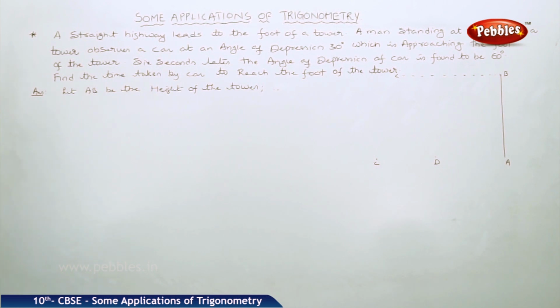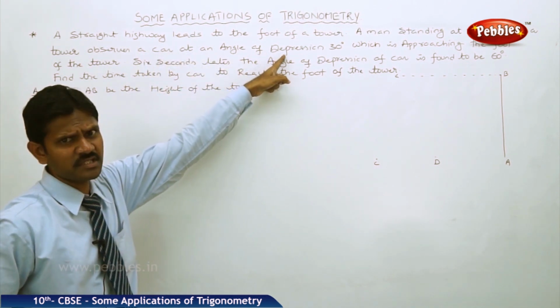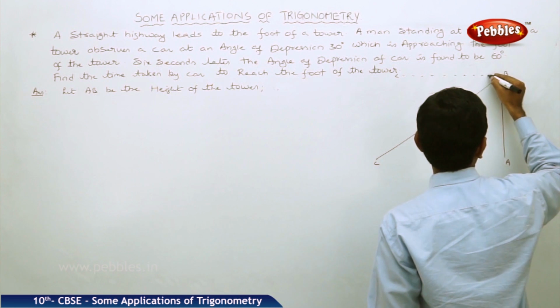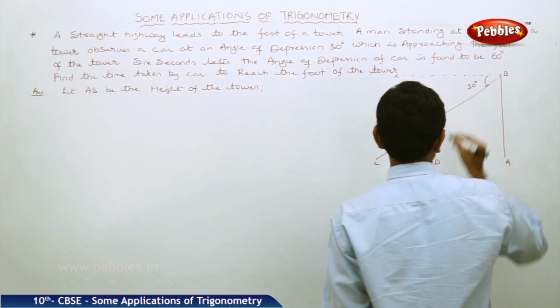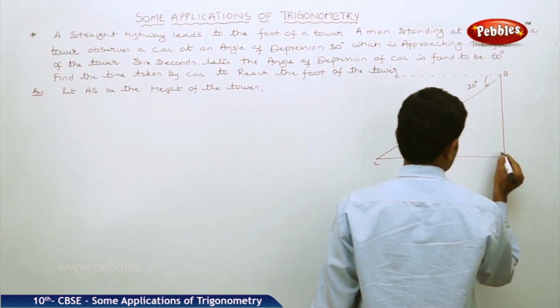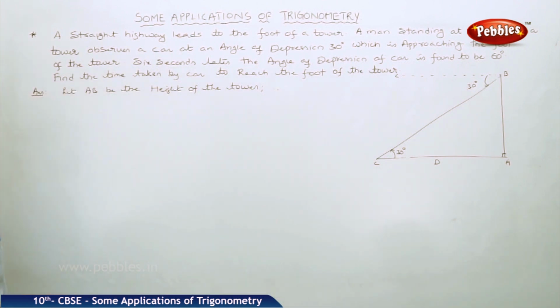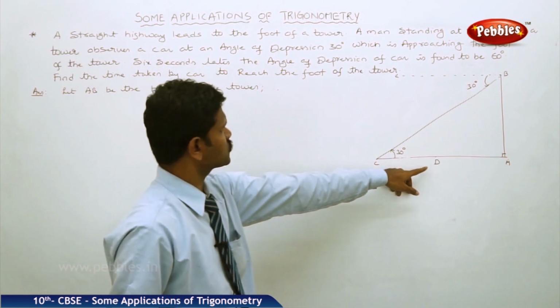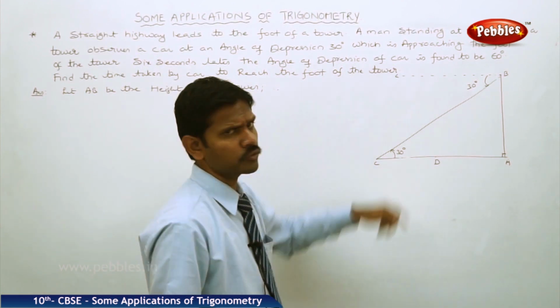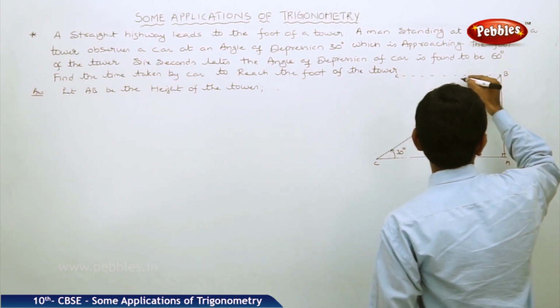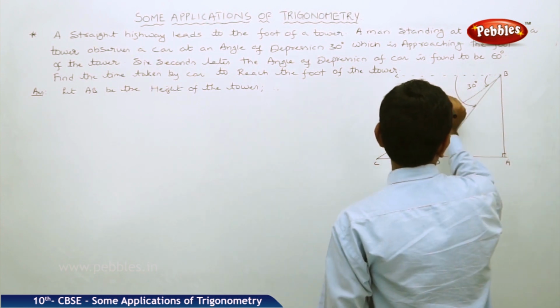Now, at the very beginning, the car's angle of depression is 30 degrees. Which is approaching the foot of the tower, 6 seconds later, that is after some time, the car reaches D. The angle of depression of the car is found to be 60 degrees.